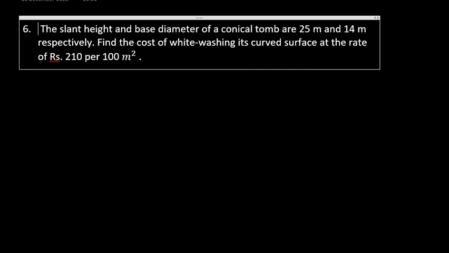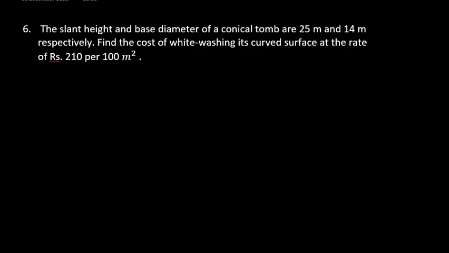Now sixth question: the slant height and the base diameter of the conical tomb are 25 meter and 14 meter. So slant height l is 25 meter and base diameter is 14 meter. So from here I will get radius as 7 meter.